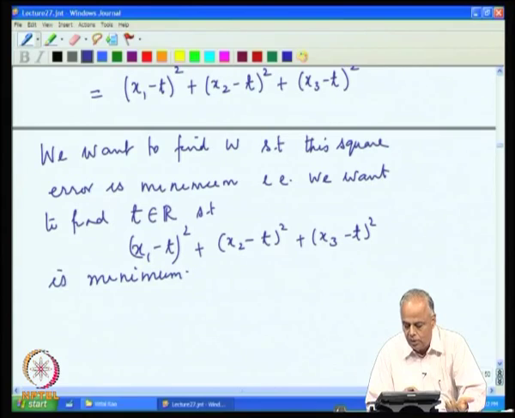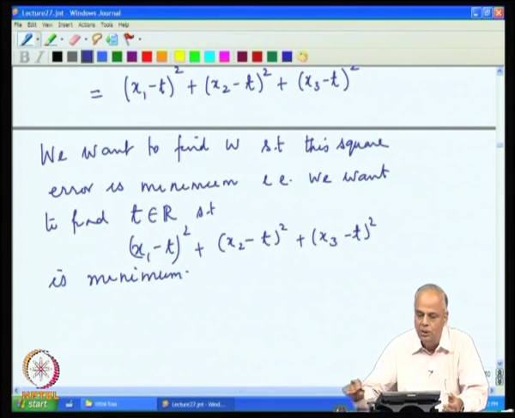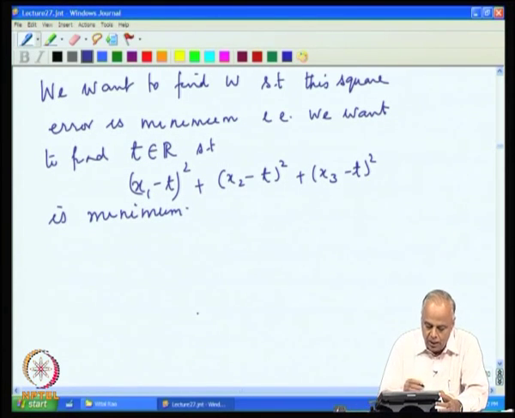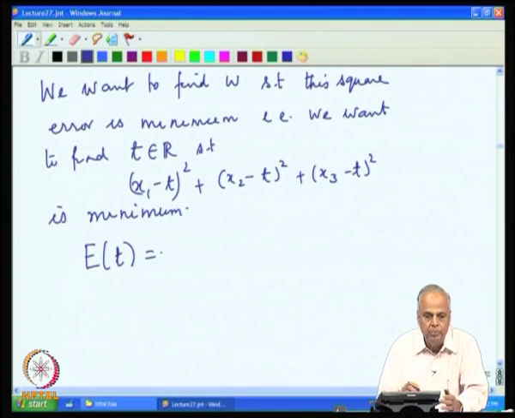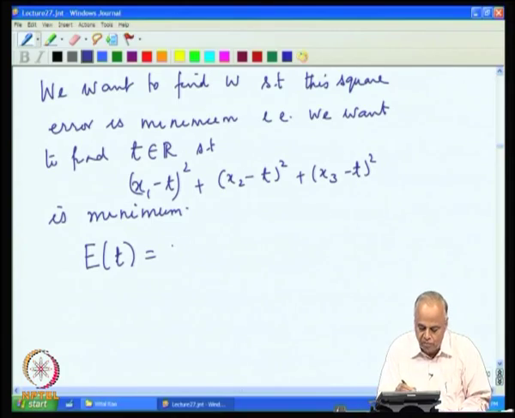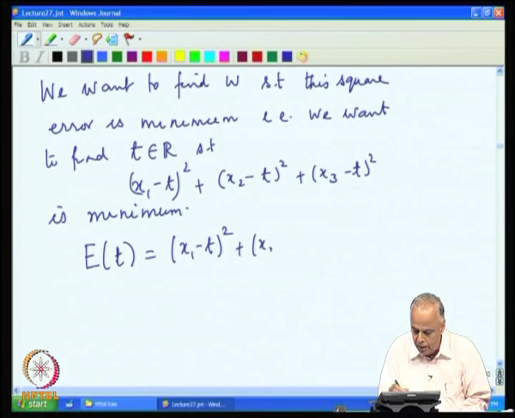In calculus, we have learned that to find the minimum, first find the places where the derivative vanishes, called the critical points. If at a critical point the second derivative is negative, it is a maximum, and if the second derivative is positive, it is a point of minimum. Let us call this E(t), the error function depending on t, which we are trying to minimize.